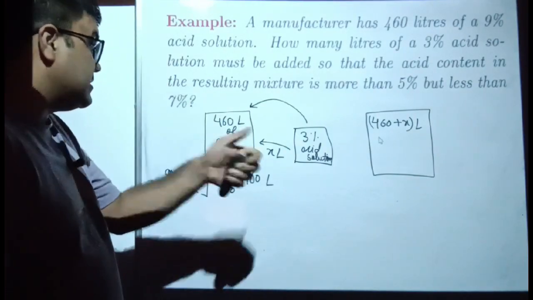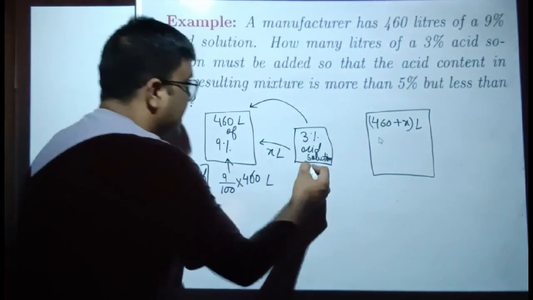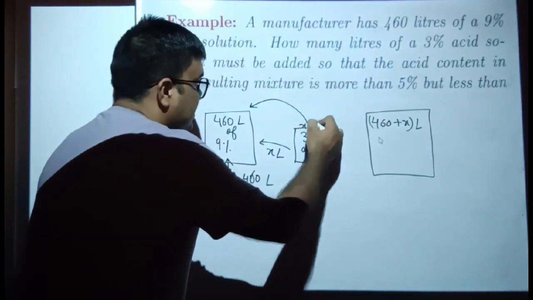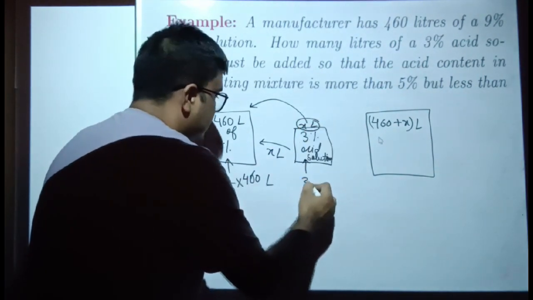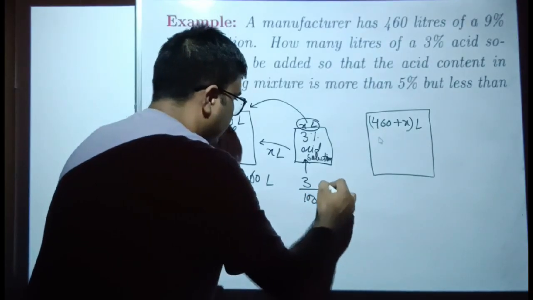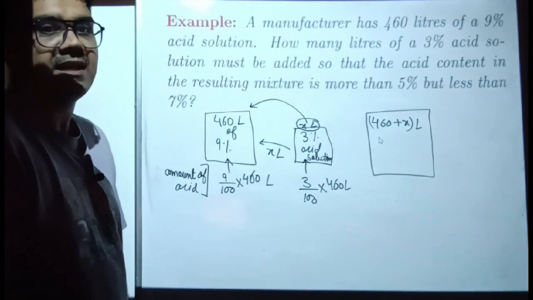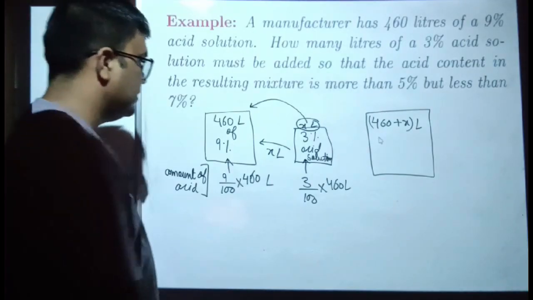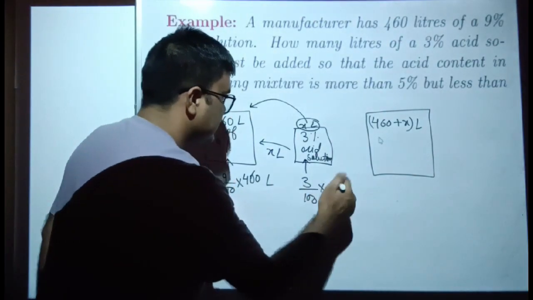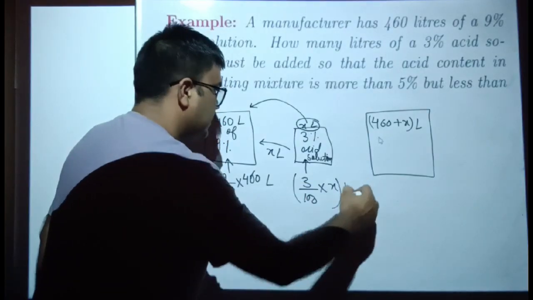And what is the acid content? The acid content in the added solution is 3/100 times x liters, not 460, it is x liters.